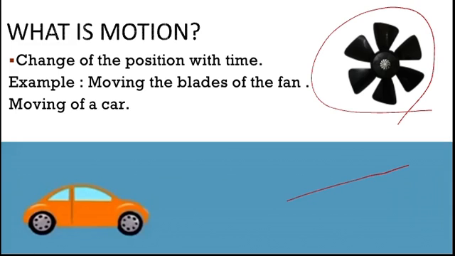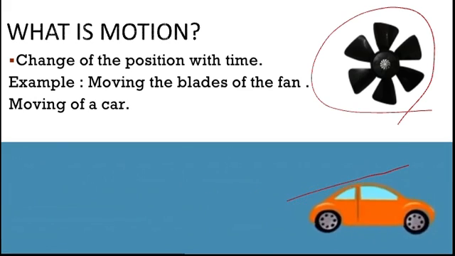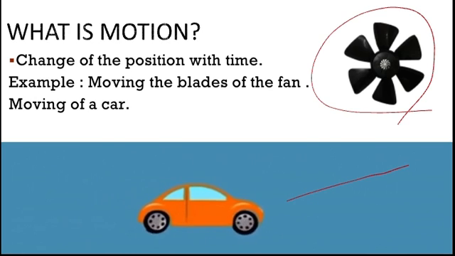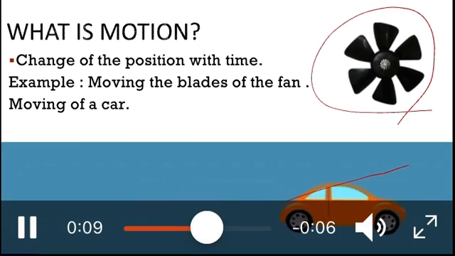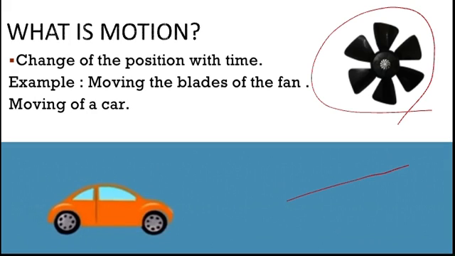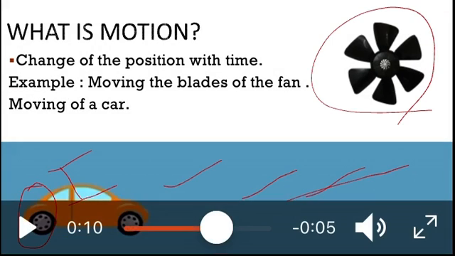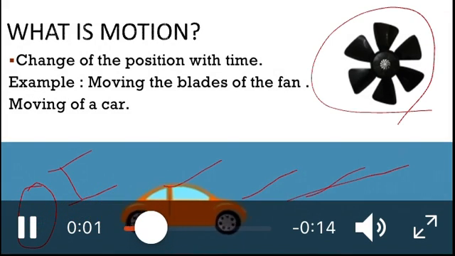Similarly, when you look at a car moving from one place to another, that is also an example. It starts from the initial position, right? This is the initial position of the car. It moves until the final position.